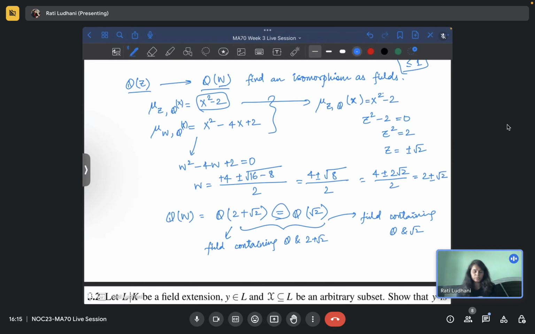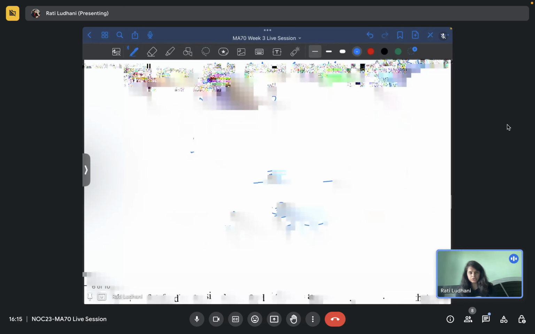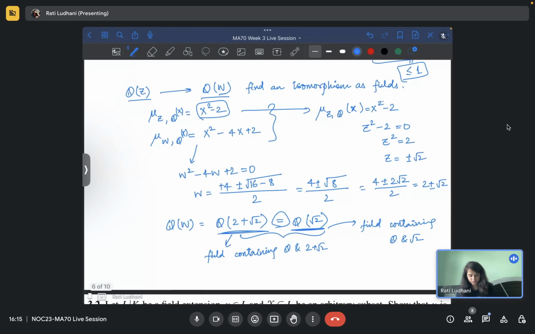So is it okay if I say these are equal? Because if we want to prove that these are equal, we should be able to show that any element from Q(2 + √2) should be in Q(√2) and the other way around also. So that is okay, right? Yes. So we don't really need to prove anything further, because we know that Q(W) is Q(√2), and that is equal to Q(Z).